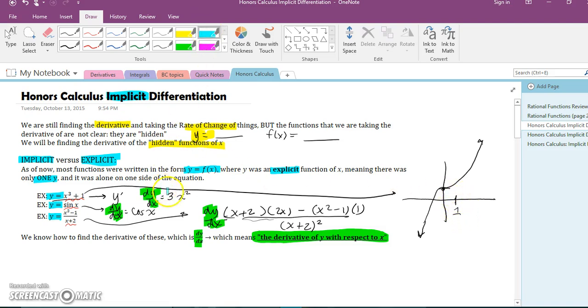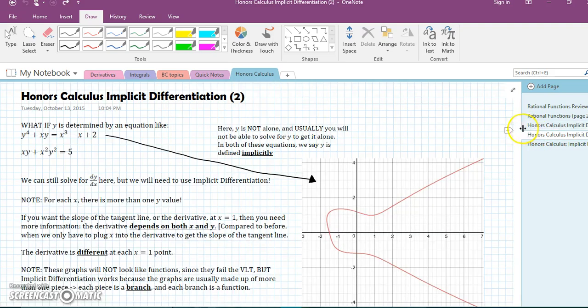All I would do is take the derivative, which is here, and then I would plug in 1. I only have to plug in an x value. And that means at 1, the slope of my tangent line is 3. It's hitting at 1 point. And then I write the equation of the tangent line by getting a point and using the slope. But the key is you only need to plug an x in, because this is a function, for every x there's one y.